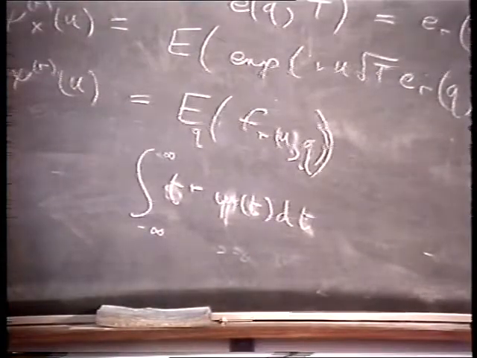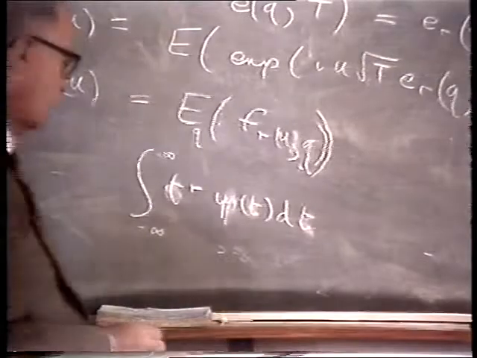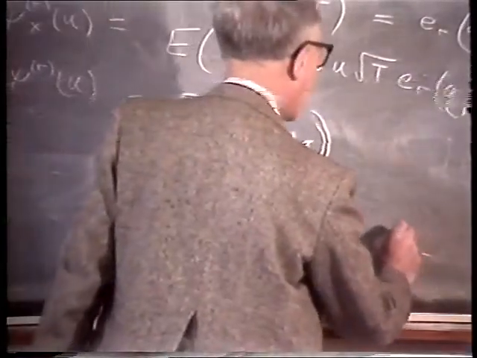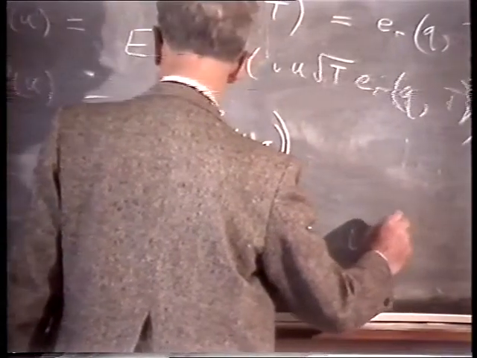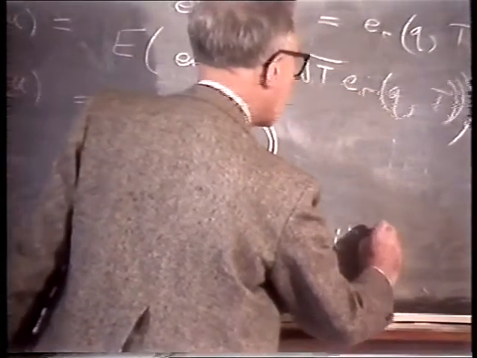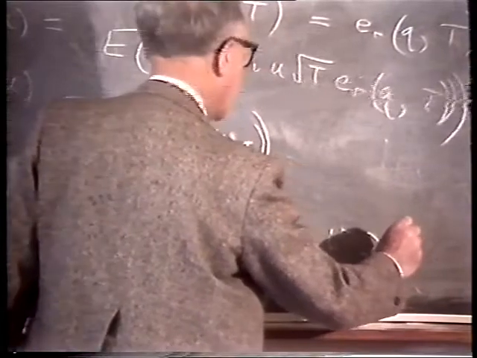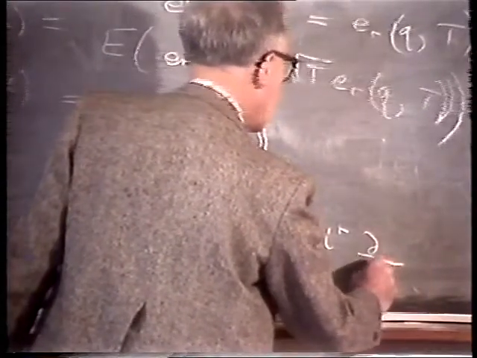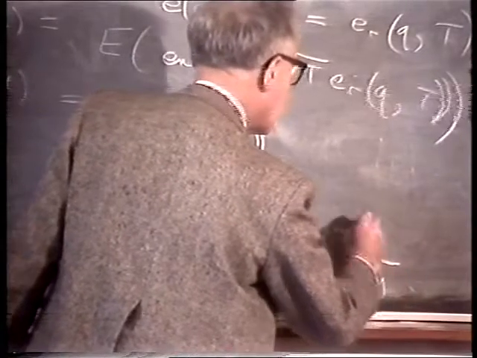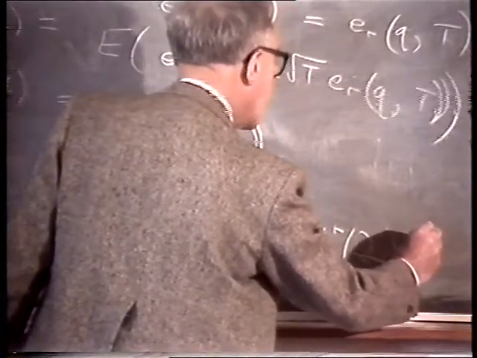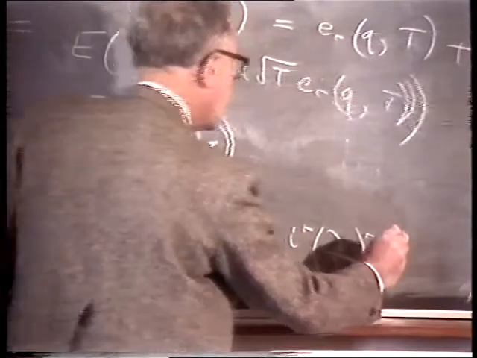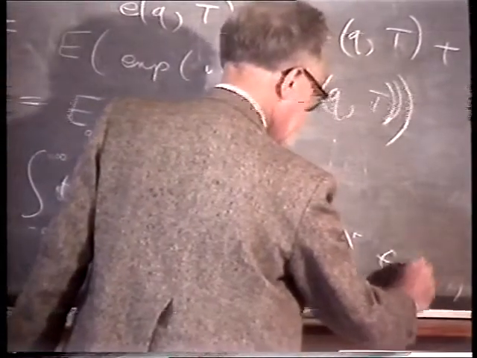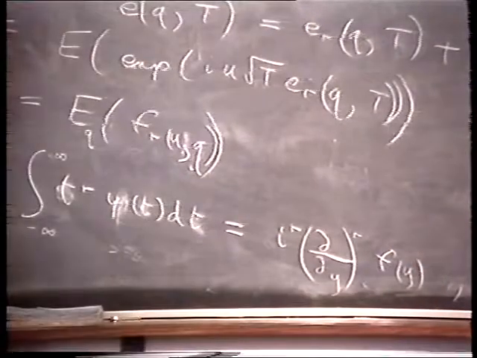Then you have this kind of formula which I've quoted already, which involves i times t to the r times the derivative d by dy to the r of the density f of y. Well, that sort of thing carries through in the multivariate case also.